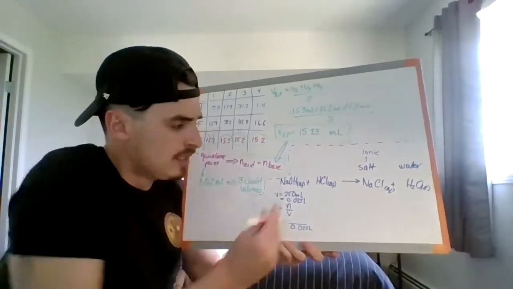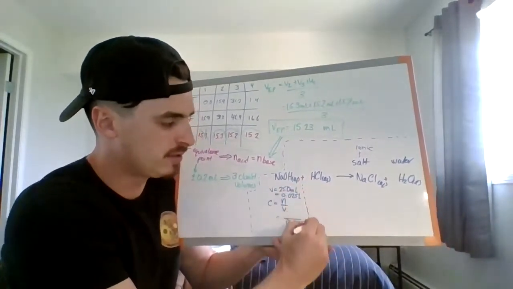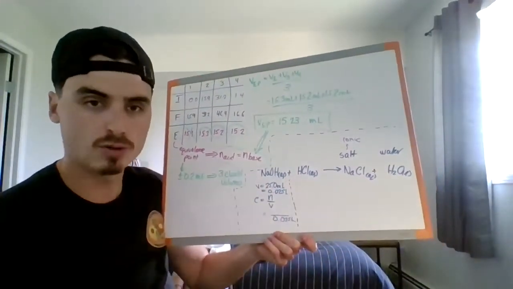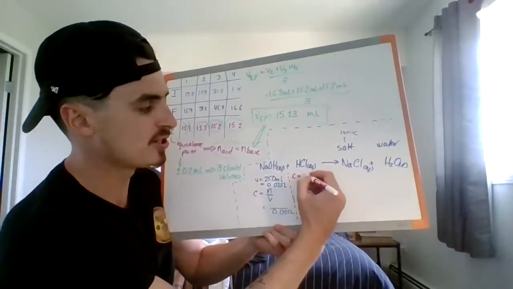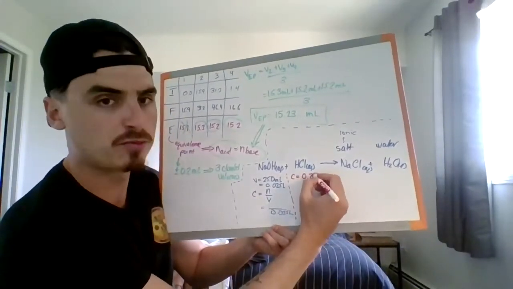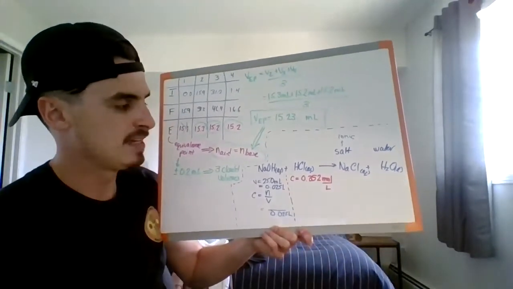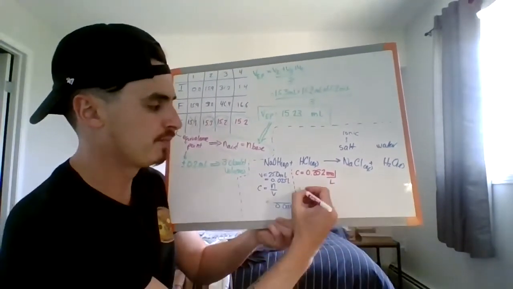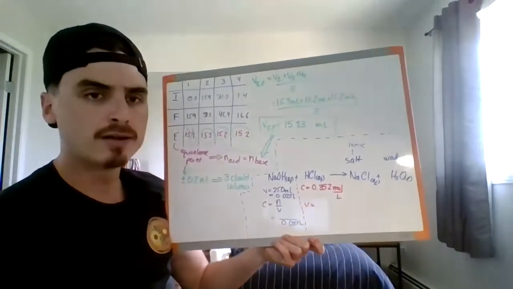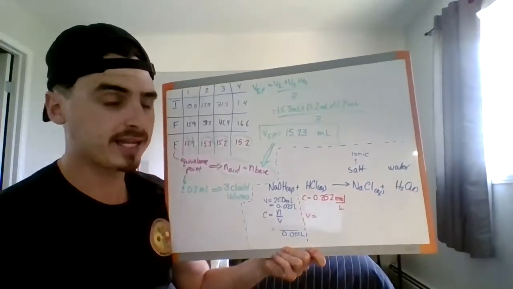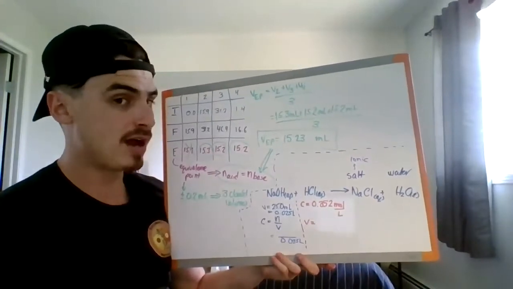However, did it give me some information about HCl? Okay, it gave me the concentration of HCl, 0.352 moles per liter. Did it give me the volume? Yeah, I remember that I am adding HCl out of the burette.